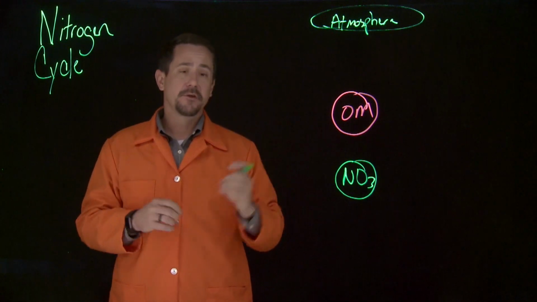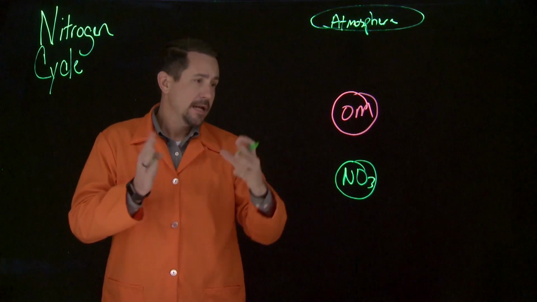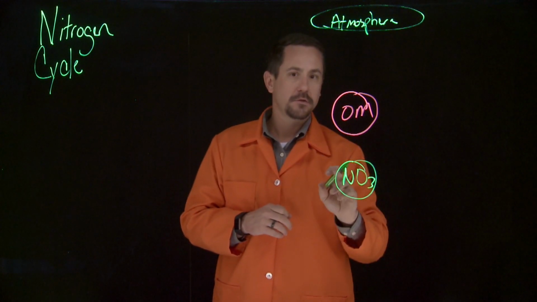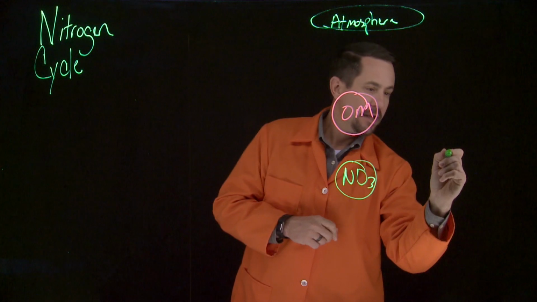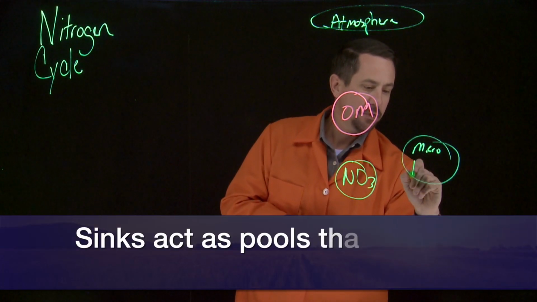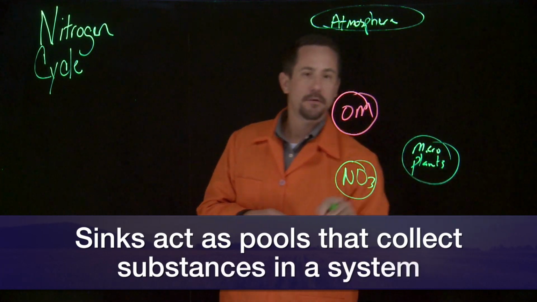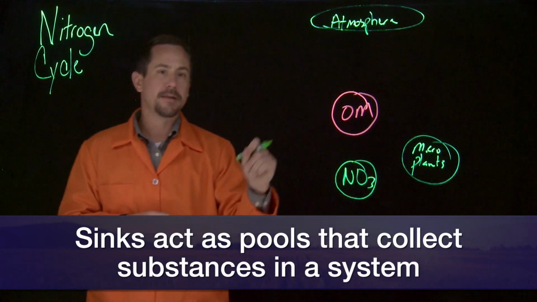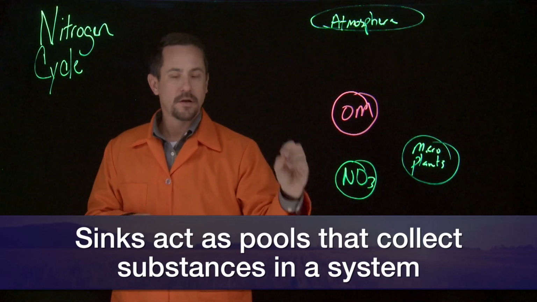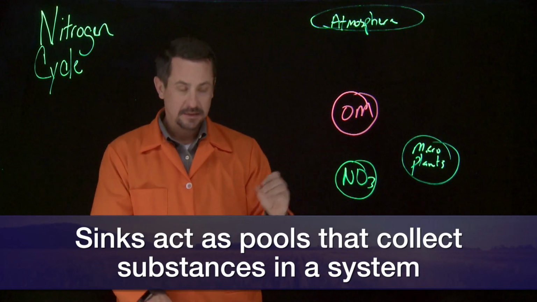It contains a significant amount of diatomic nitrogen, and it is the largest pool that we have. The third pool, remember one central component, three sinks, is the microbial and plant pool. Living microbes and living plants contain a significant amount of nitrogen.